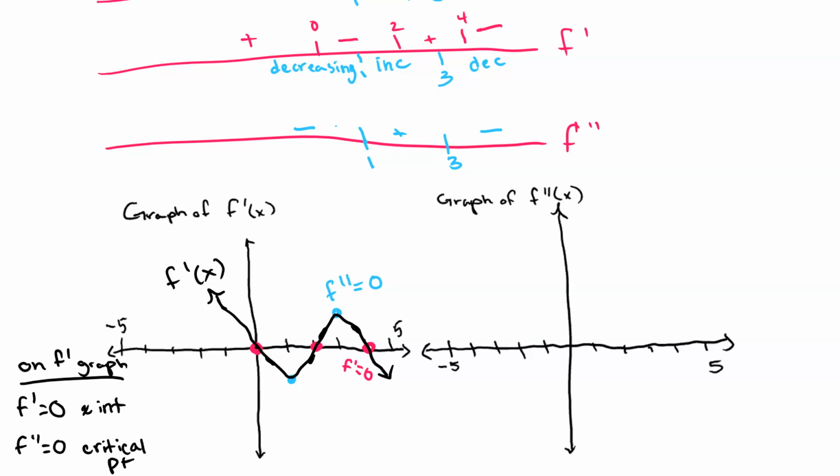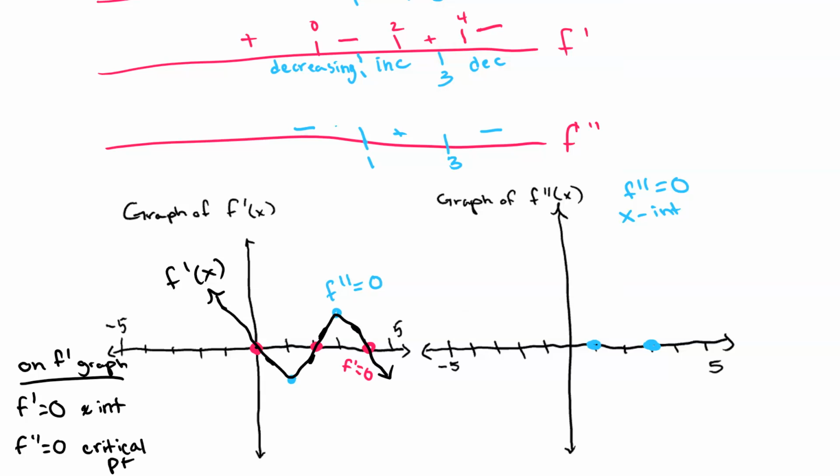Now we're going to look at f double prime. For f double prime, our x-intercepts are going to be where f double prime equals 0. So f double prime equals 0 at 1 and at 3. And then we look at our values here that we've got.